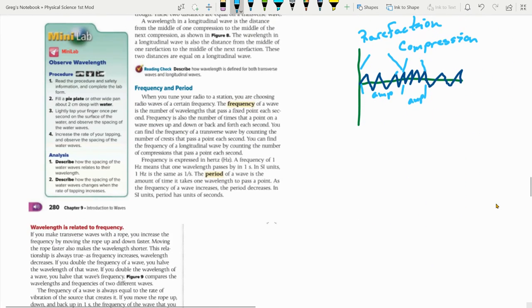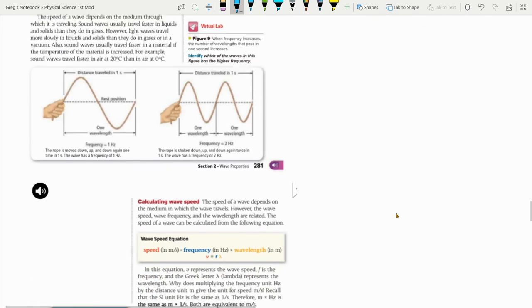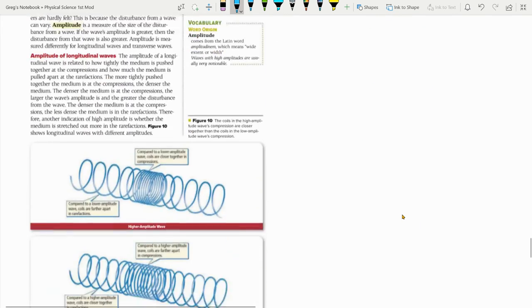So the louder my voice, the higher the amplitude, the lower my voice, the smaller the amplitude, okay? And here, wavelength, again, is going to be from here to here, one compression, one rarefaction is our wavelength, all right? Now, a couple more things I'll talk about with these waves real quick.